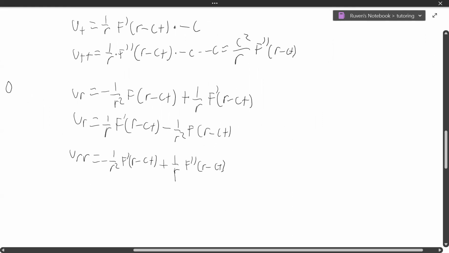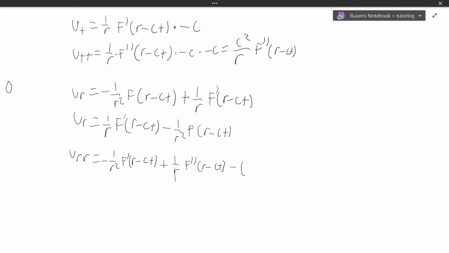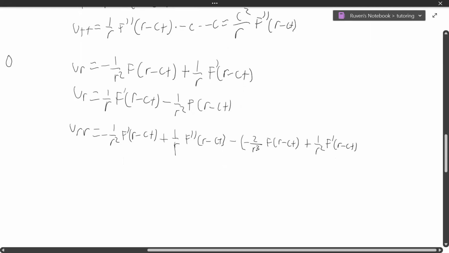Then over here we're taking the derivative. The derivative of 1 over r squared is negative 2 over r cubed, times f(r minus ct), plus 1 over r squared f'(r minus ct).